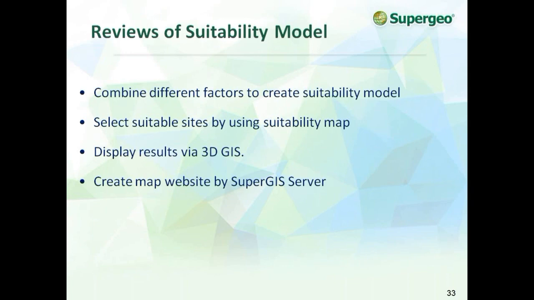And then we learned the advantages of using a 3D environment to show the results. By using a 3D environment, we can see the environment in a very realistic and interactive way and find more details. Finally, we talked about the benefits of using SuperGIS Server. It is especially convenient when we want to store, publish, or share data with others.